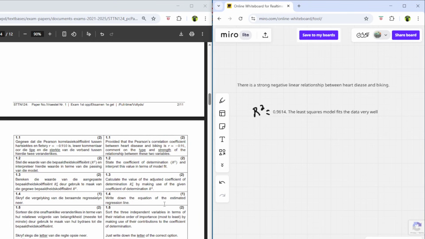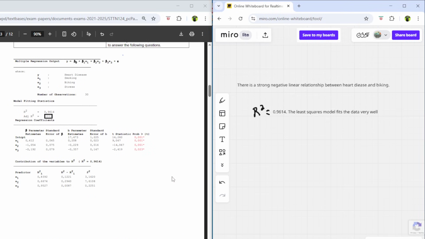Right, question 1.3. Calculate the value of the adjusted coefficient of determination r squared a by making use of the given coefficient of determination r squared. Guys, this question will always be there. There's a formula for this.